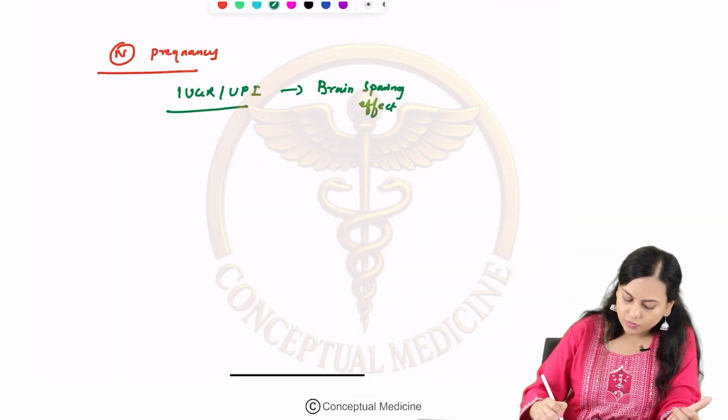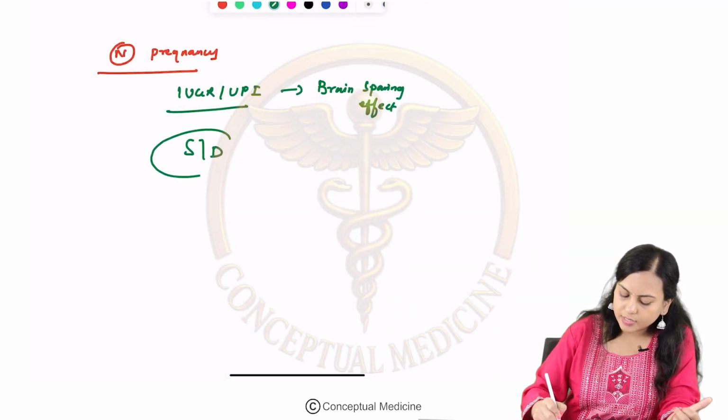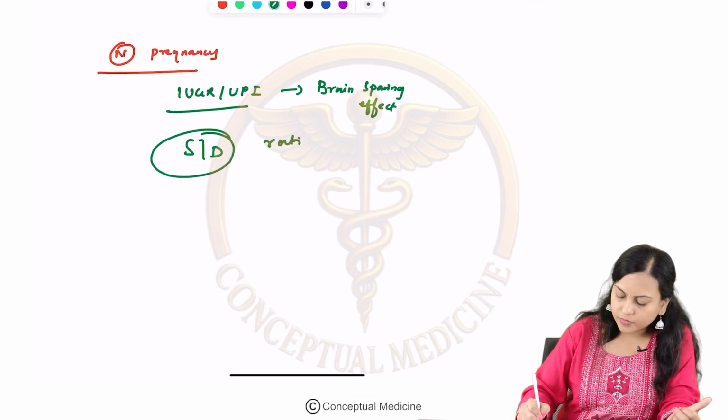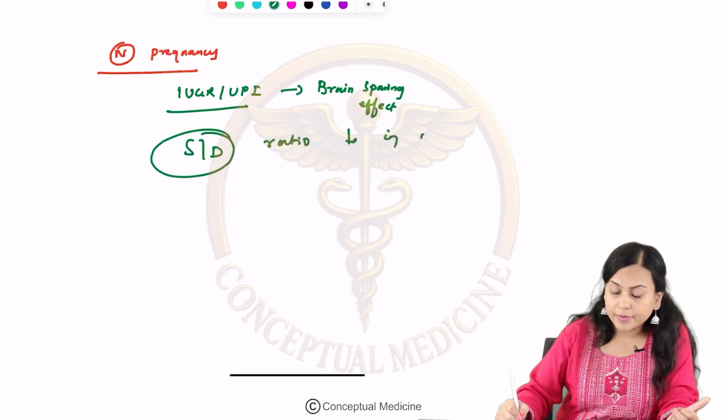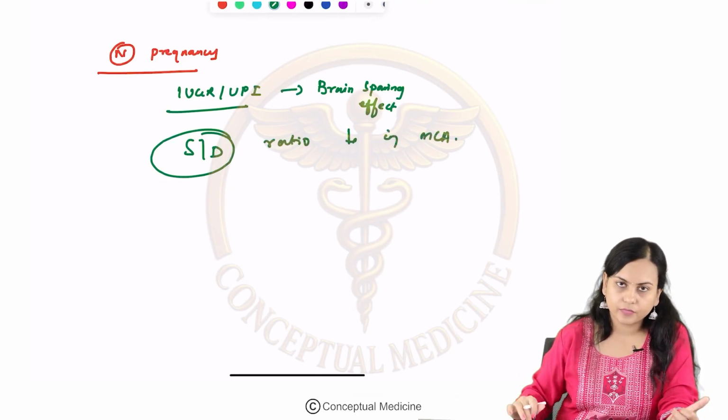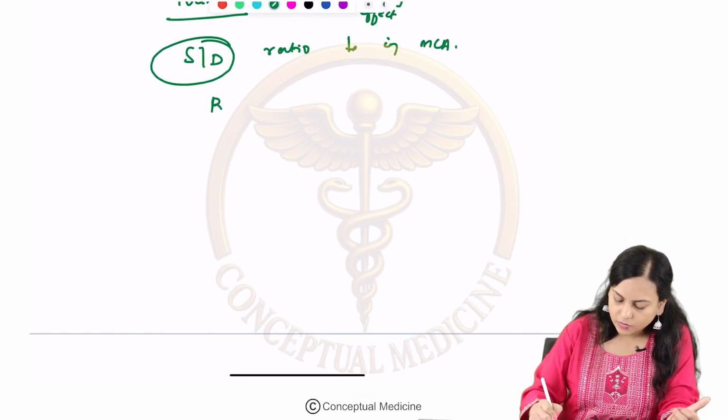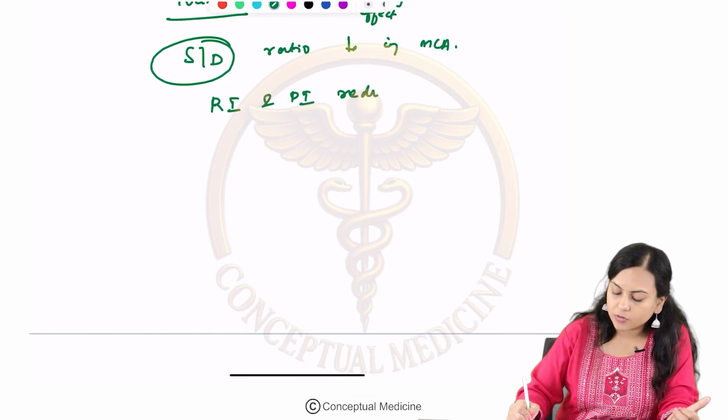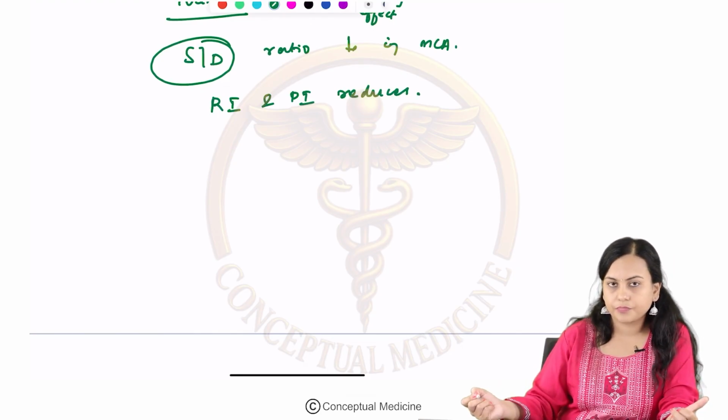So what is going to happen here is the S/D ratio reduces in middle cerebral artery Doppler. Also the resistance index and pulsatility index reduce.